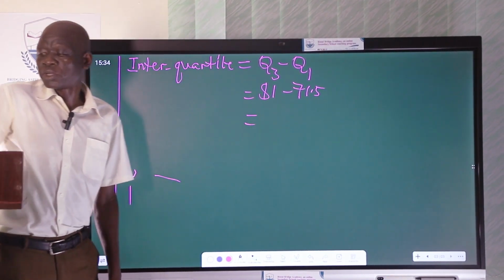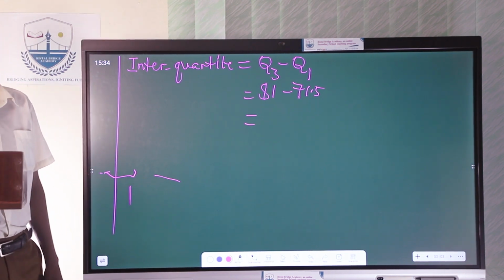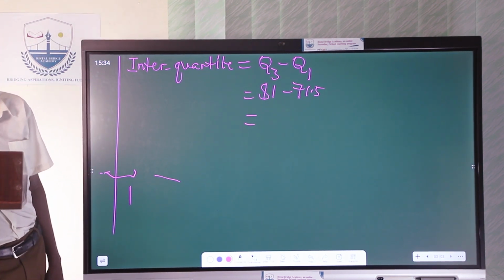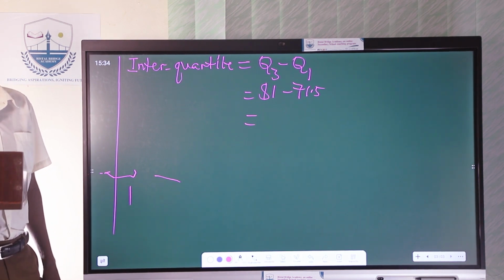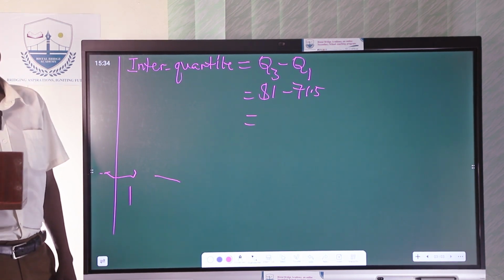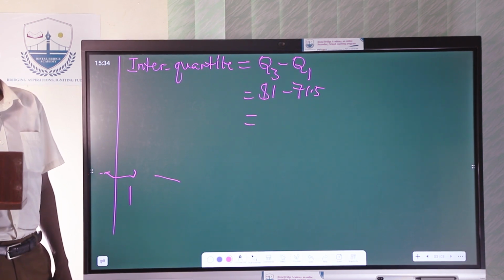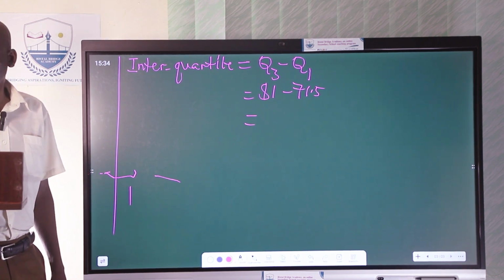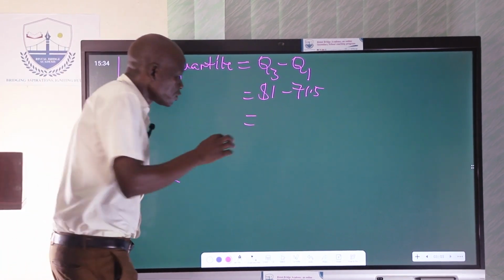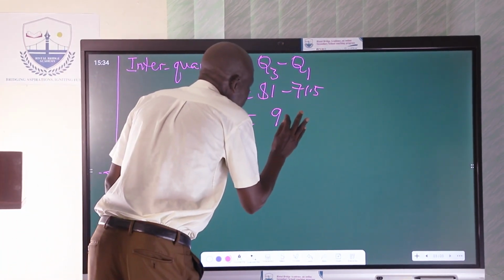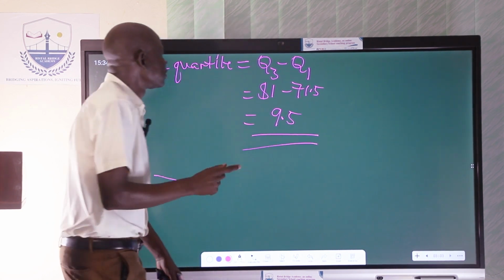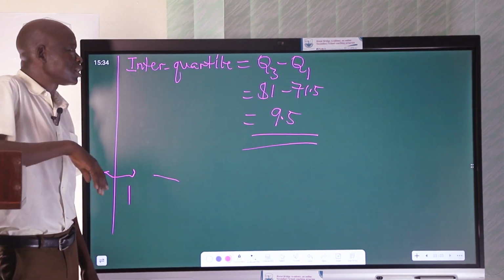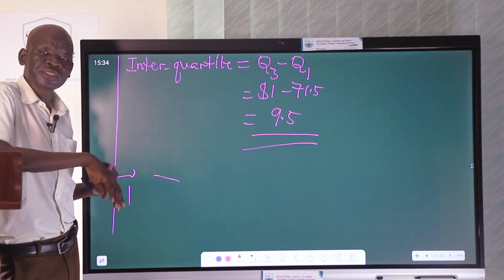When we subtract, 81 minus 71.5, we get 9.5. So the 9.5 is what is called the interquartile range.